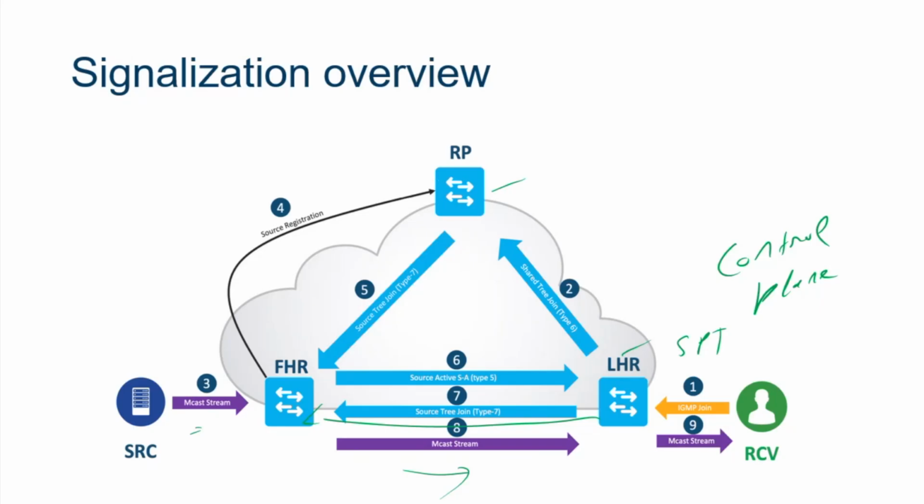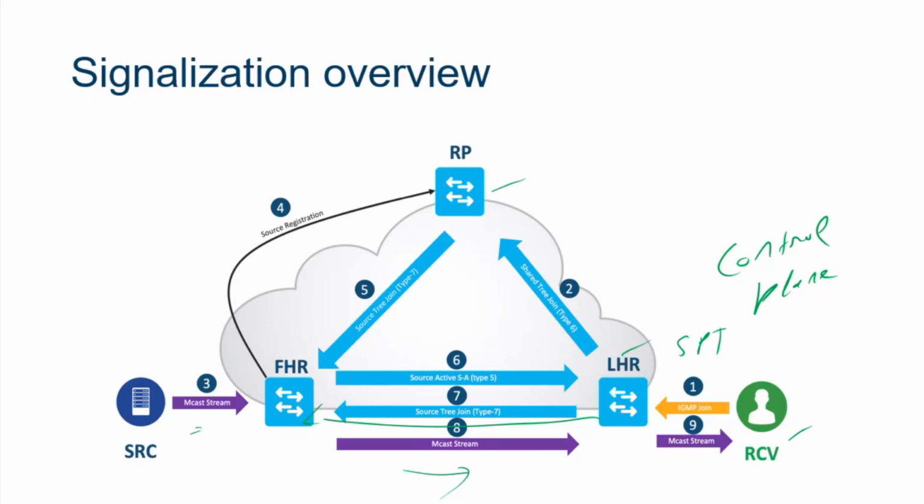It will send a register stop and say that, okay, there are no receivers. Stop right there itself. Multicast is always a receiver originated thing. If there are receivers, then only multicast traffic will come. Does that clarify?